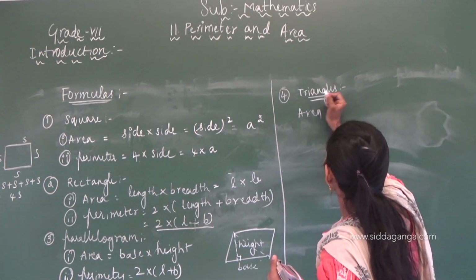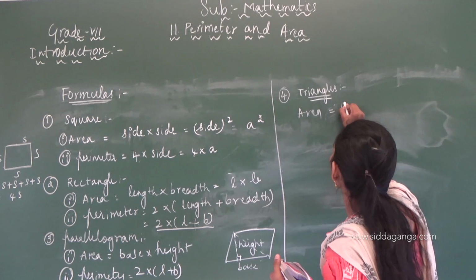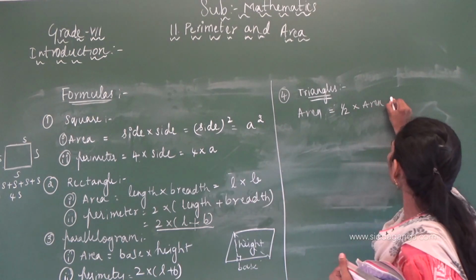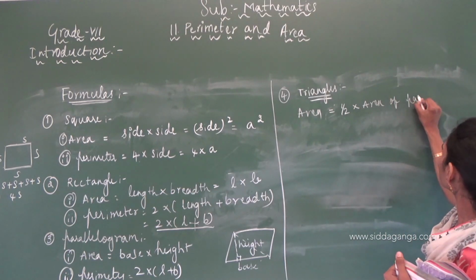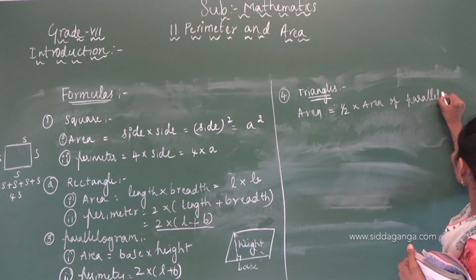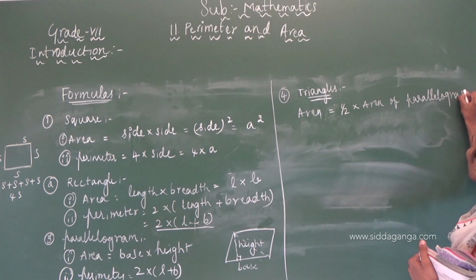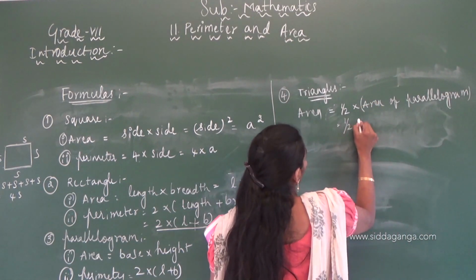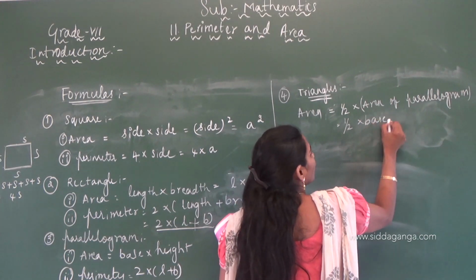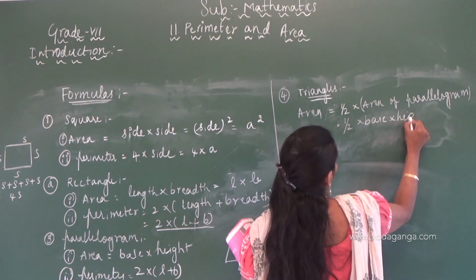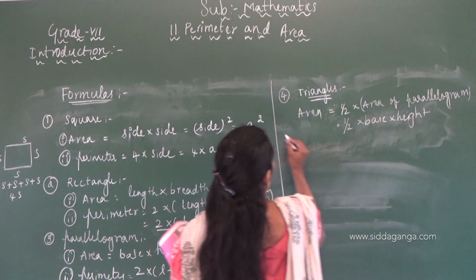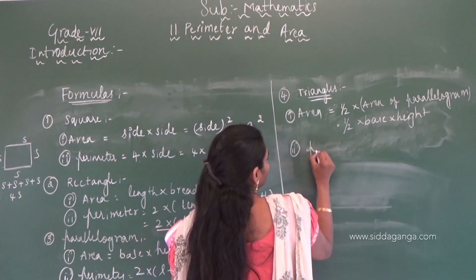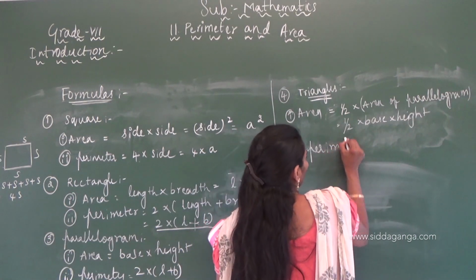Area of triangle equals half into area of parallelogram, correct? That is half into base into height. And then perimeter.